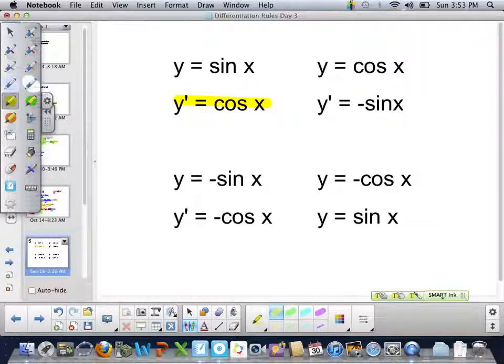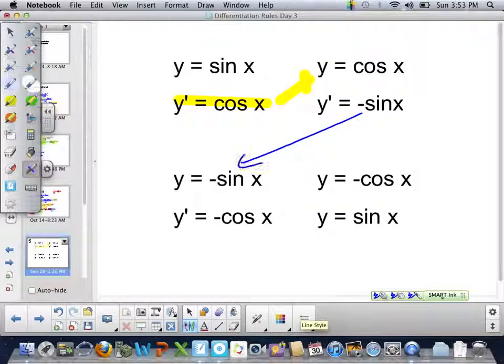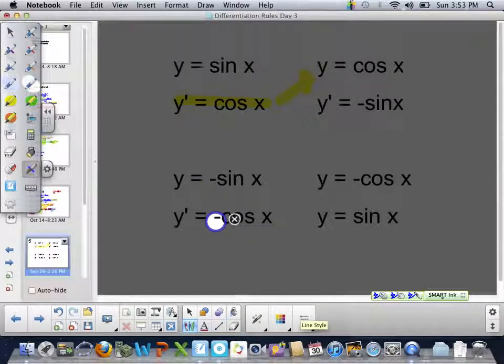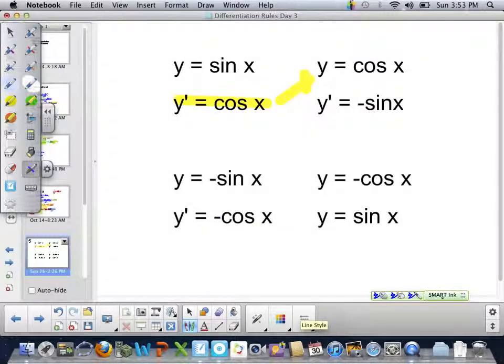All right. If we leap and go to cosine, the derivative of cosine is negative sine. Let's go to negative sine. The derivative of negative sine, well, sine is cosine, and then we bring the negative with. Let's take negative cosine and find that derivative.